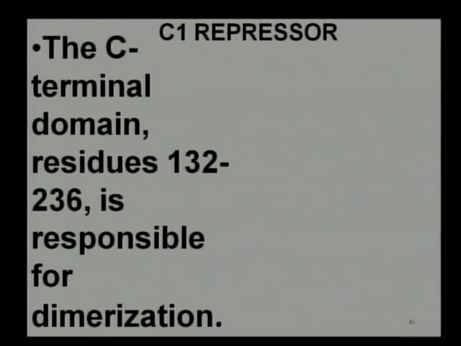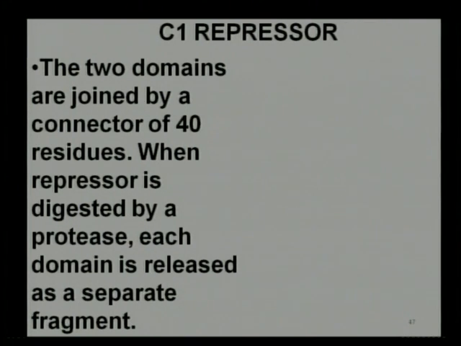The second domain, that is the C-terminal domain, is from the 132 to 236 amino acids, and it is responsible for the dimerization. These two domains are connected by a connector molecule which has 40 residues.